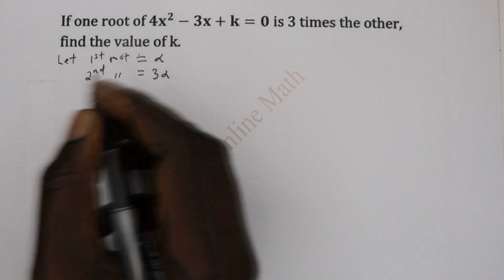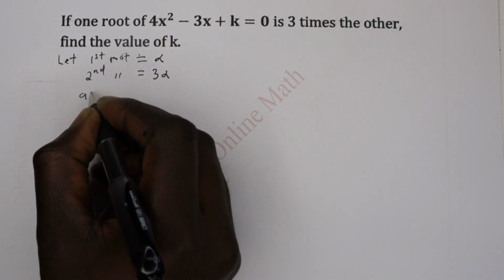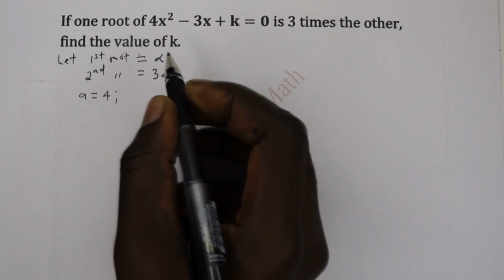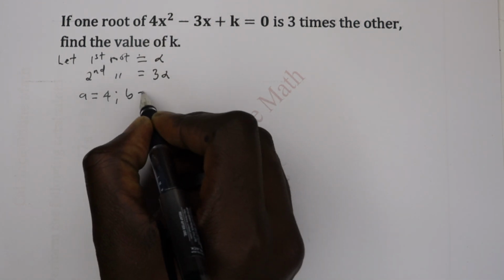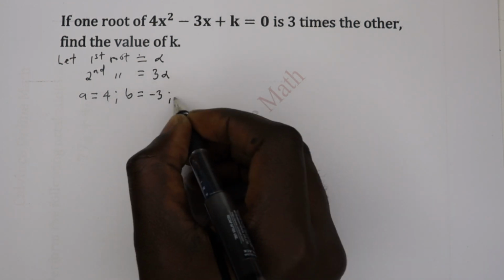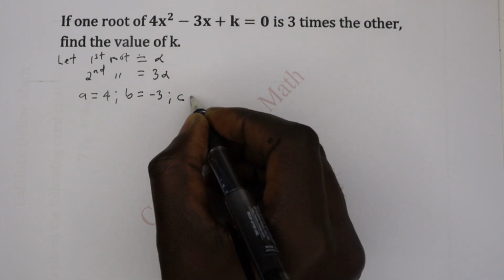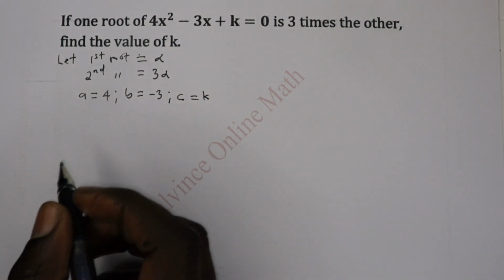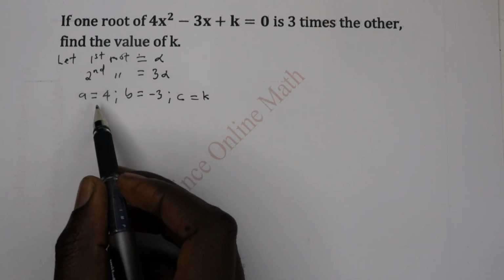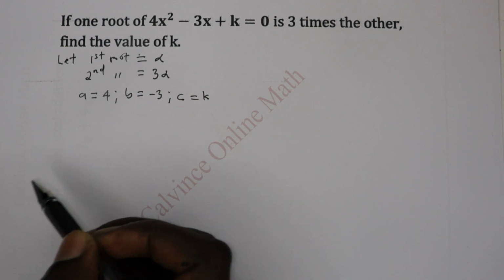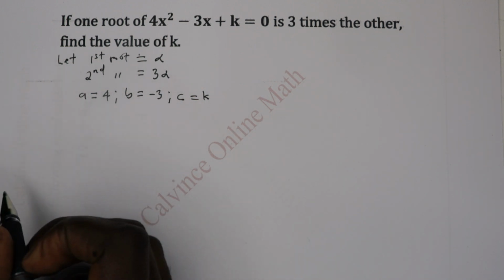From this equation, a, which is normally the coefficient of x squared, is 4, and b, which is normally the coefficient of x, is negative 3, and c, which is normally the constant term, is k. Now that we have that information, we can look at the relationship between these constants and the sum of roots and the product of roots.